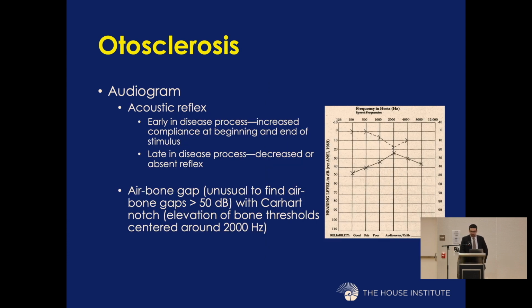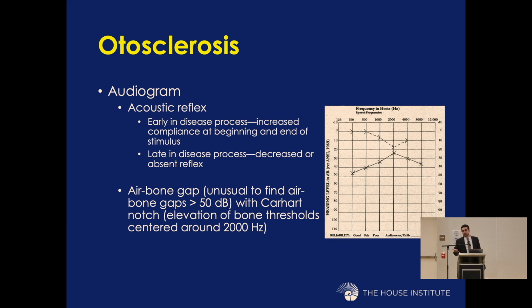In terms of the audiogram, typically you would see a conductive pattern. Early in the disease, you can still have acoustic reflexes, especially during the otospongiosis phase, but late in the disease, when the bone is completely fixated, the acoustic reflex will be absent.